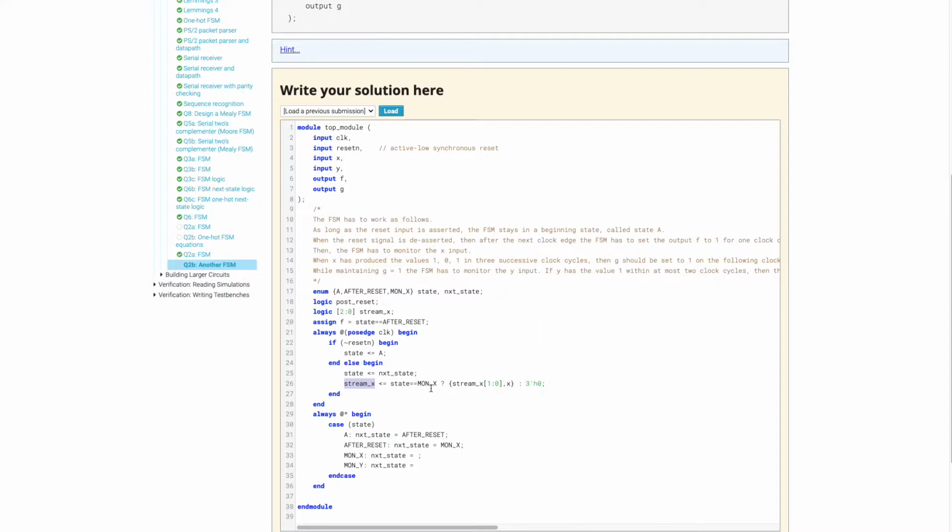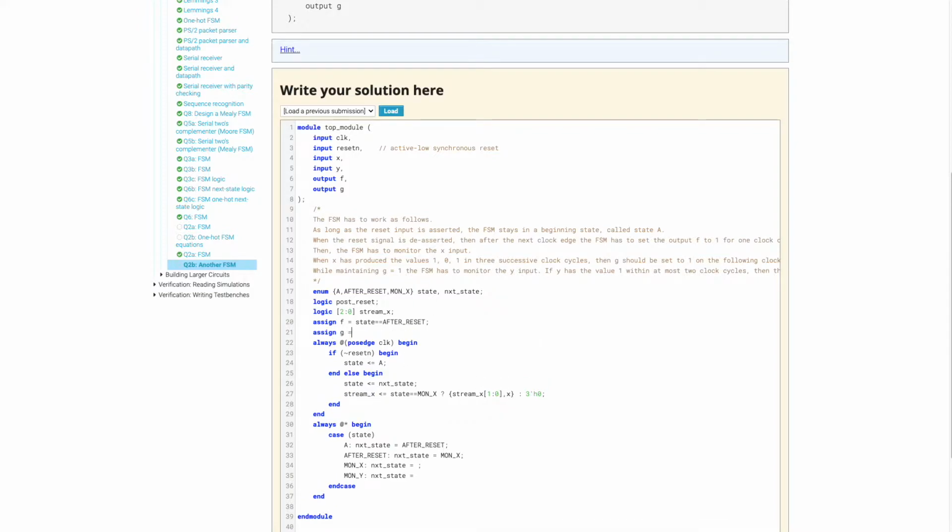Should set to 1 the following clock cycle. While maintaining G equals 1. I must maintain G equals 1, okay.